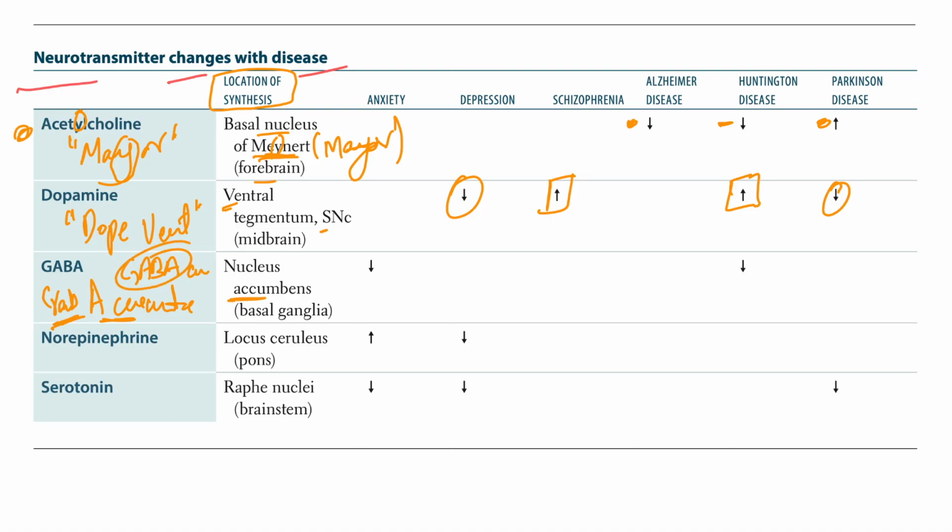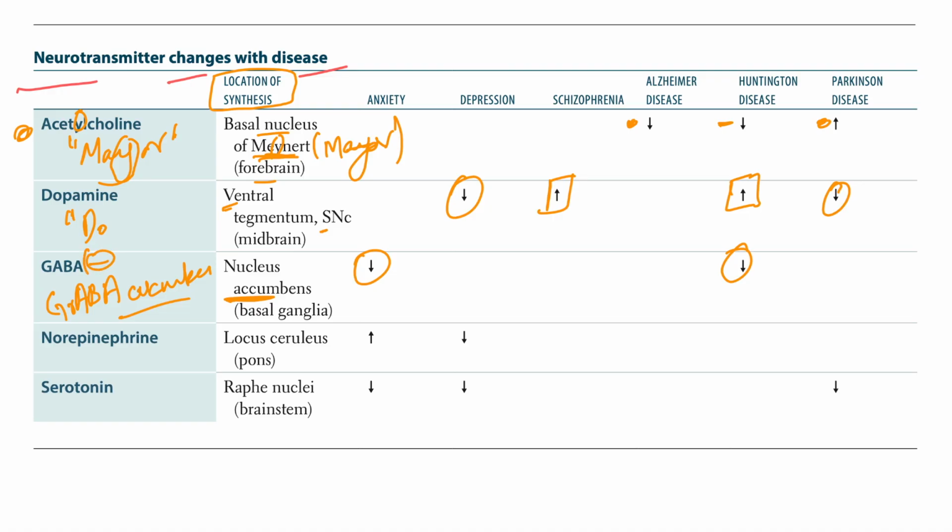Or you can do it the proper way, say grab a cucumber, which is the nucleus accumbens, which is in the basal ganglia. In anxiety you have decreased GABA, and in Huntington you have decreased GABA. One more thing: GABA is an inhibitory neurotransmitter.